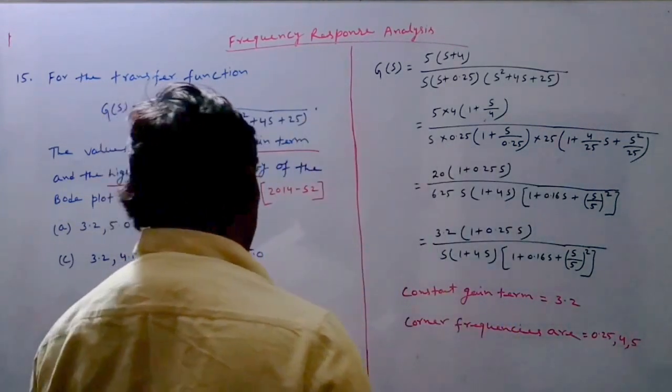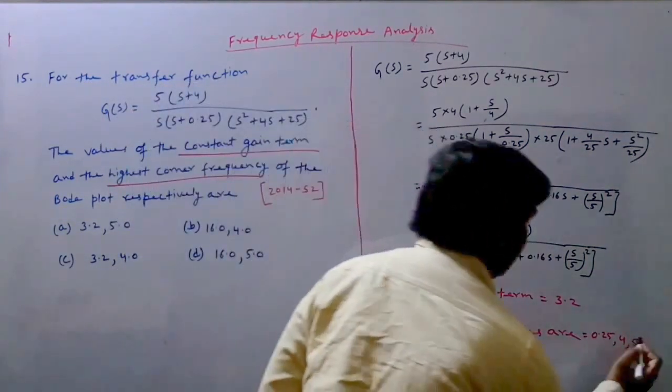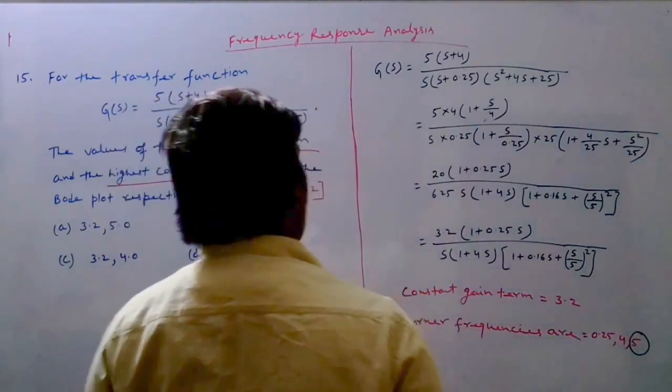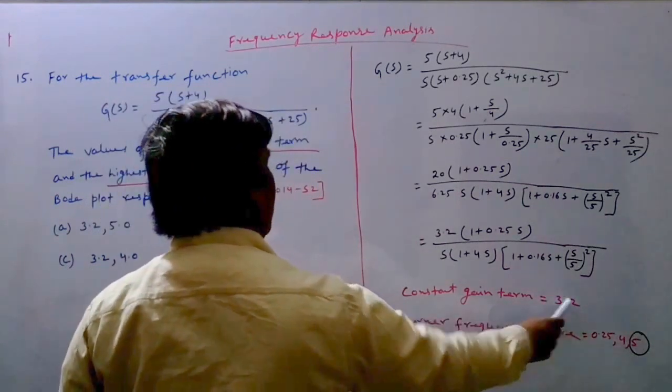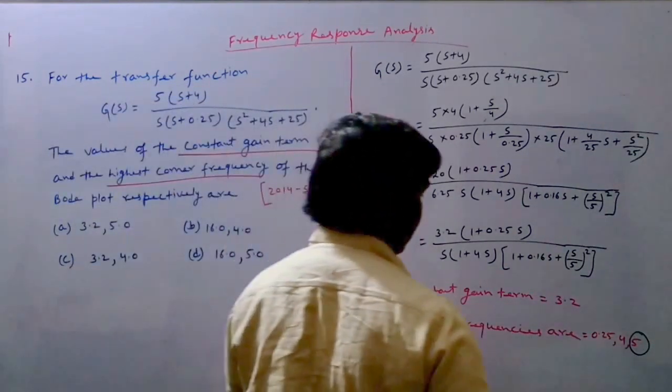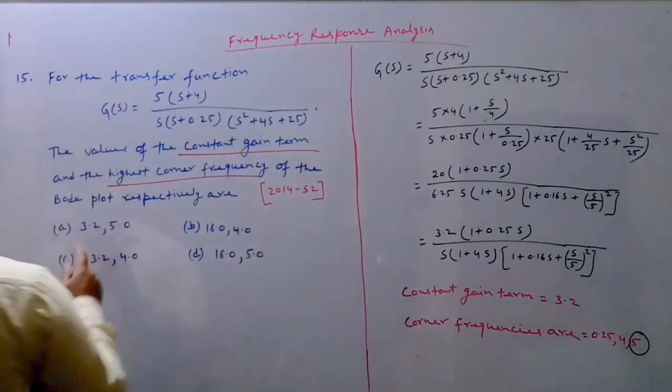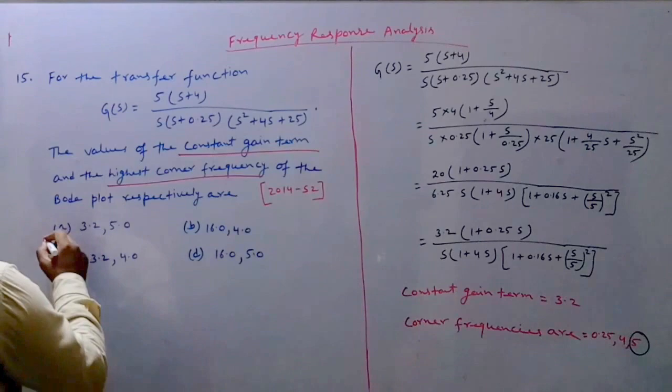So the highest corner frequency is this one, 5. So the constant gain term is 3.2 and the highest corner frequency is 5. So the answer should be A.